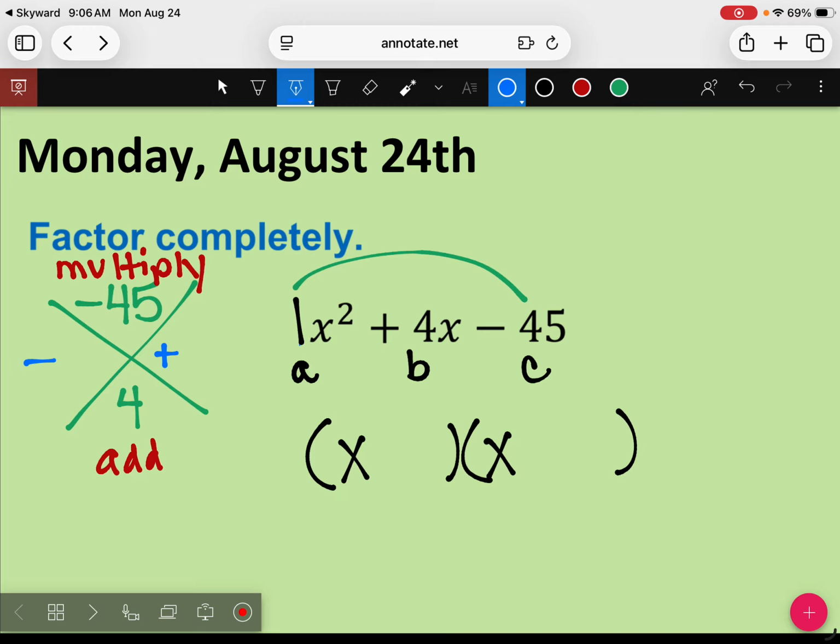Okay, it's getting closer. Anybody want to volunteer the numbers? Raise your hand if you want to volunteer the numbers.